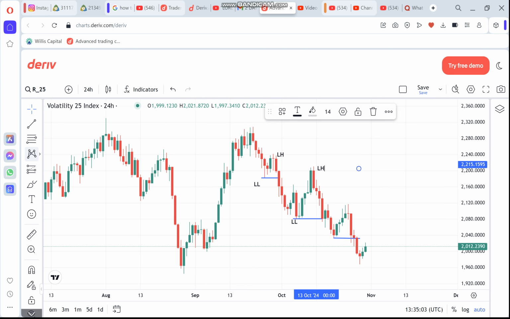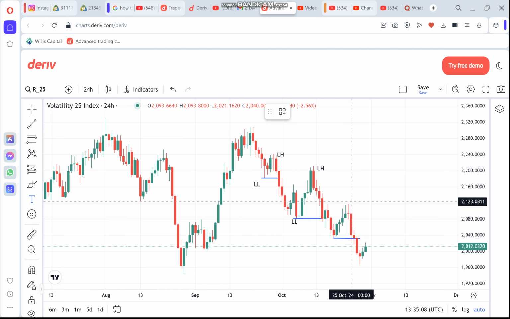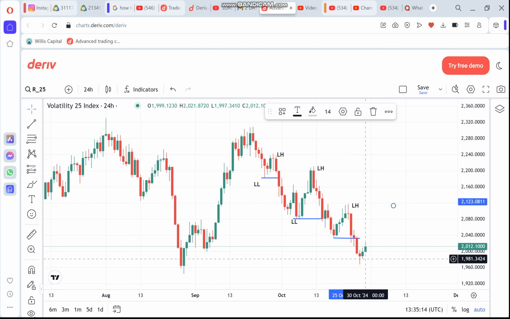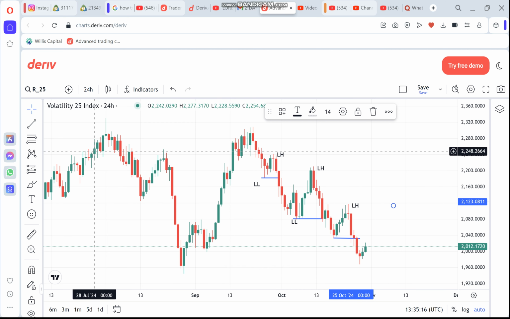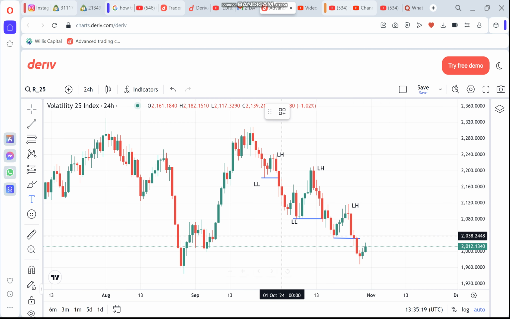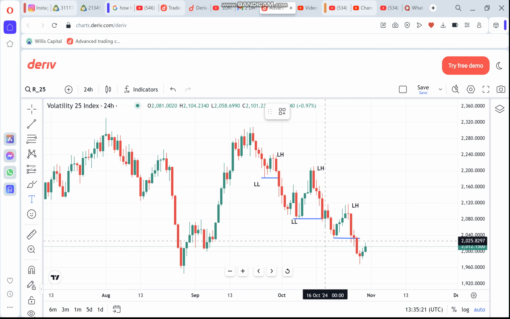Until here we have another break of structure, and this becomes a lower high, which drives to break this structure here, lower low, lower low. So simply that.